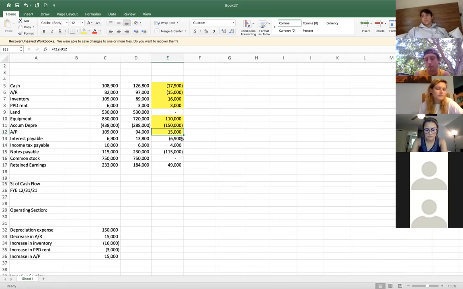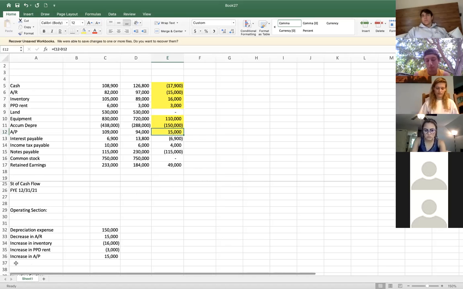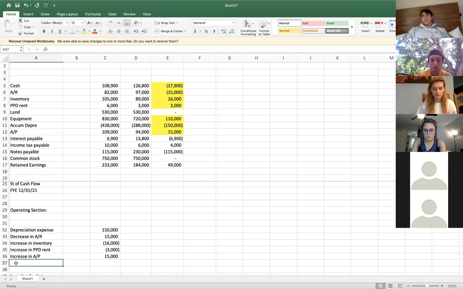All right, interest payable. What kind of an account is interest payable? It's a liability. What kind of liability? Short term. Okay, good. So is it operating? What section is it in? It's operating. So my interest payable decreased.